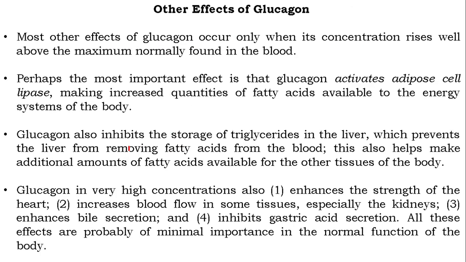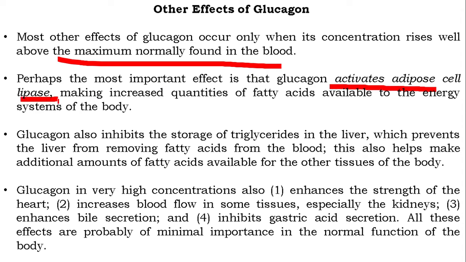And then, you see, most other effects of glucagon occur only when its concentration rises above the maximum normal found in the blood. And one of the most important effects is that glucagon activates adipose cell lipase enzyme, making increased quantities of fatty acids available to the energy systems.